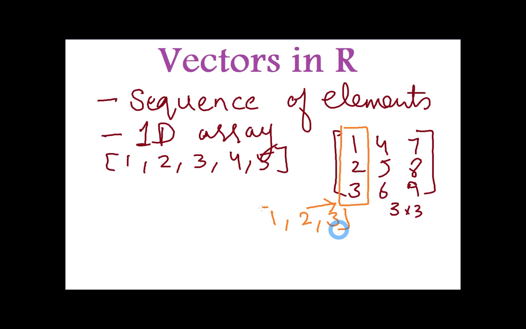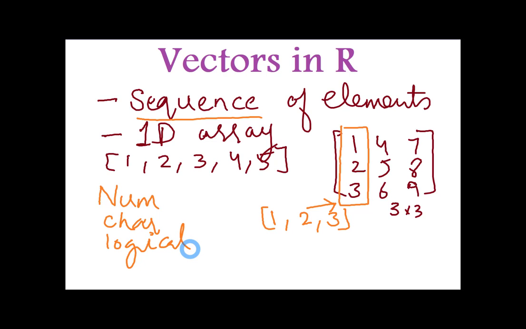This is a vector. We talked about scalars in the previous video, and we learned that a scalar is one single value. But vectors are a sequence of values, not a single value. We also learned three basic data types: numeric, character, and logical.